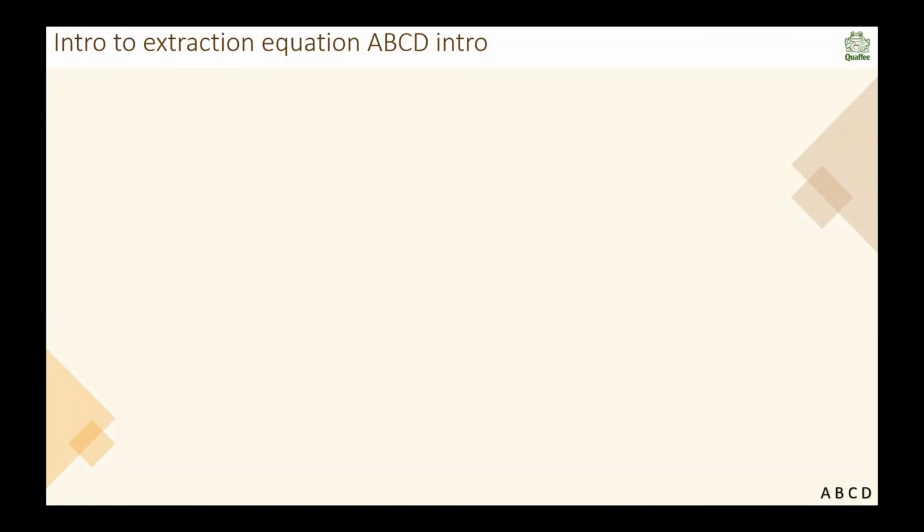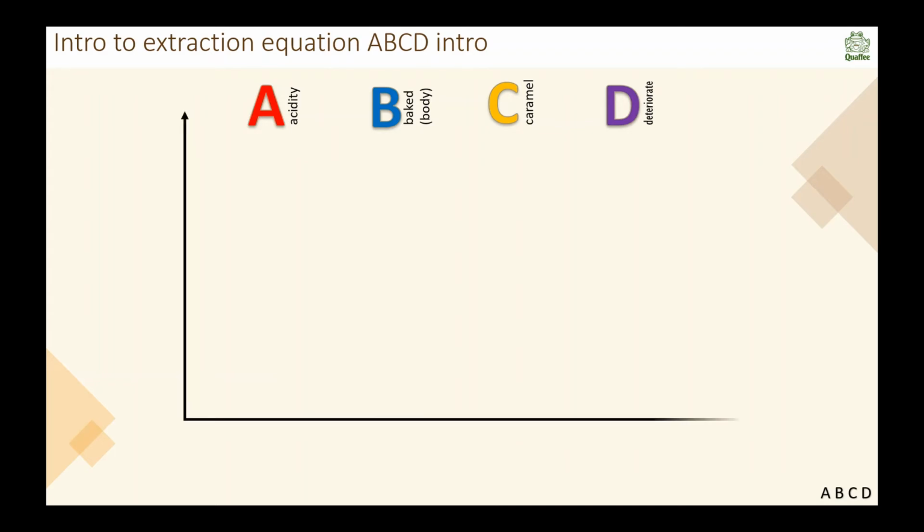Worth knowing is what Jono from Rosetta coined the ABCD of coffee, where A stands for acidity, B stands for baked, or what I like to call the body of the coffee, or the mouthfeel. C stands for the caramelization of the coffees, and D is the deterioration of the flavors, which can result in bitterness.